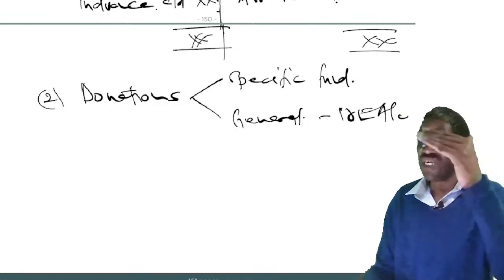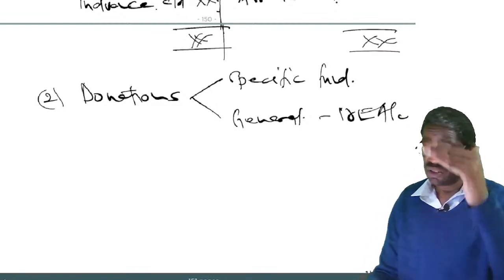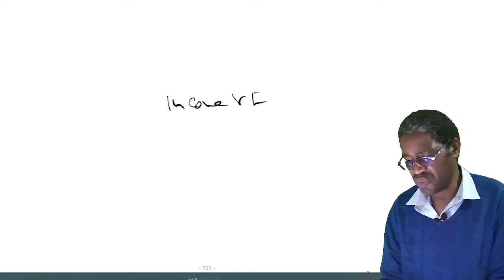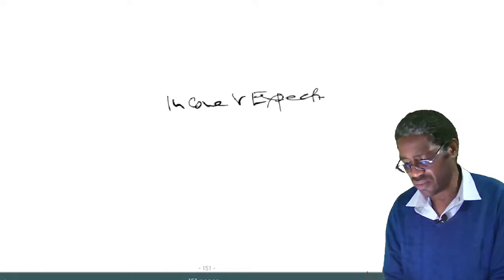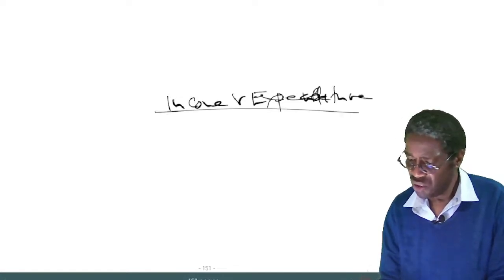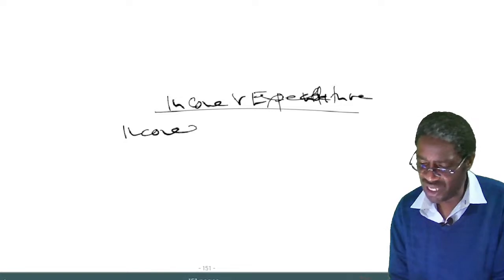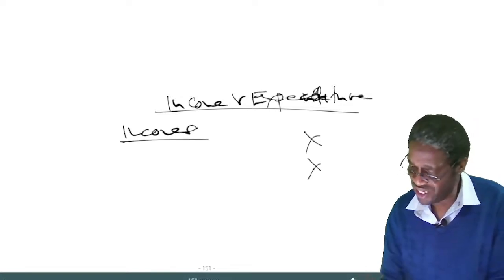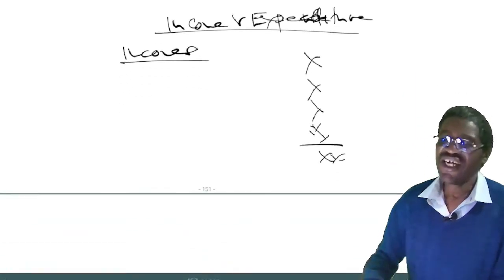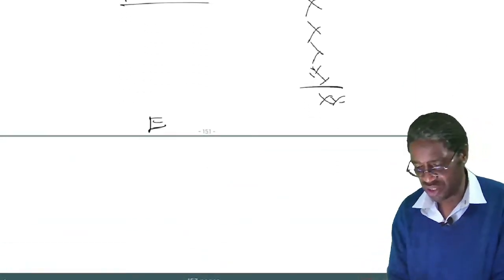Let me explain in the general way we prepare an income and expenditure account. We normally identify our incomes, whatever they are, get the totals, then you less all the expenditures for the year.